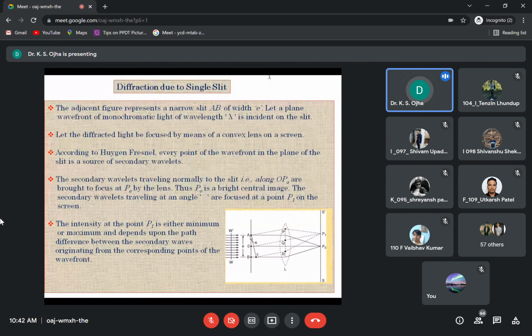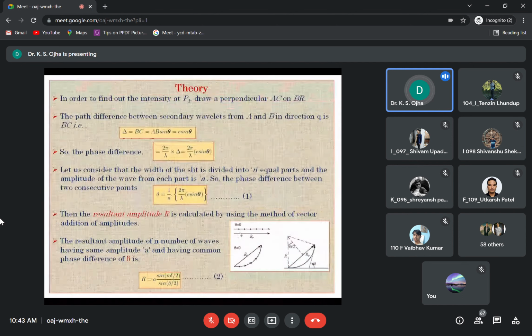From each part, a secondary wavelet will emerge. If you divide this AB into n equal parts, you will see that waves are emerging from each point. So it means there are n waves, and each wave is emerging from each part. So there will be n waves.